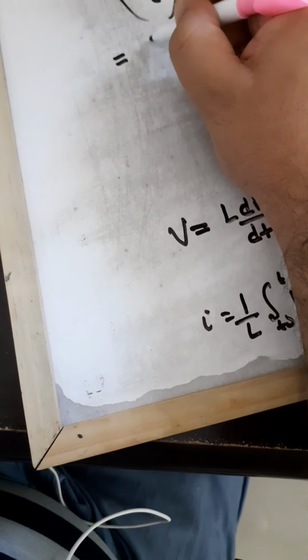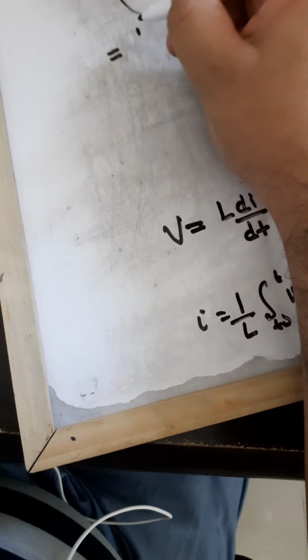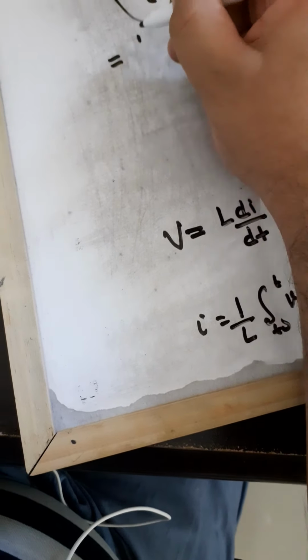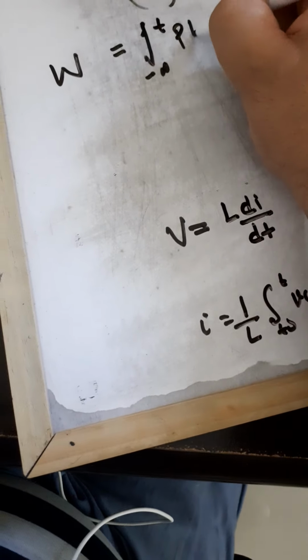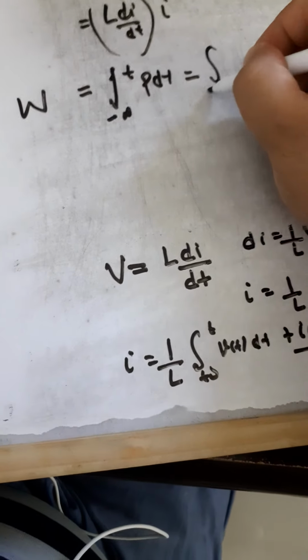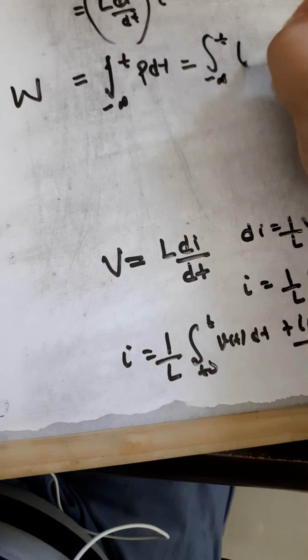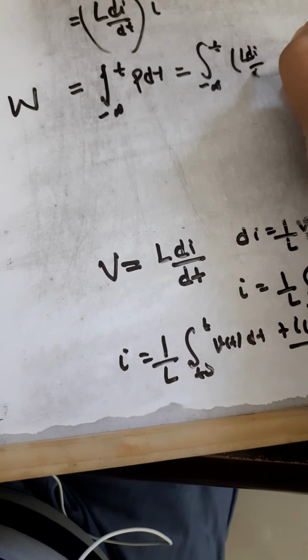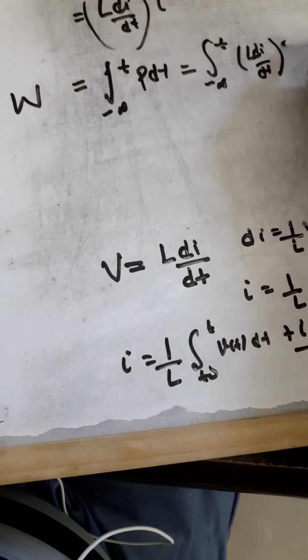My energy is power times time, so the integral from minus infinity to t of P dt gives the integral from minus infinity to t of L di by dt into i dt.